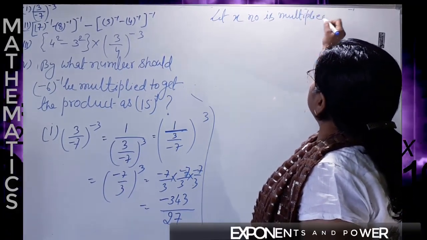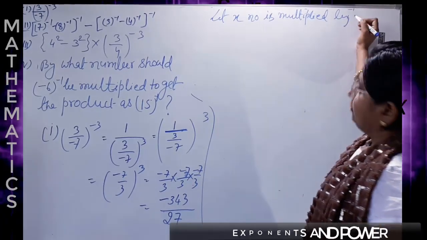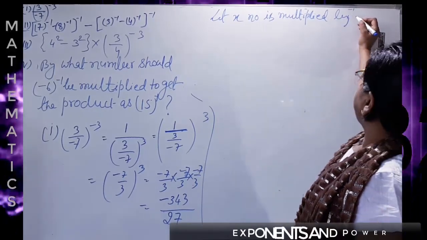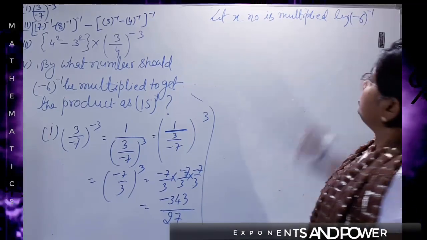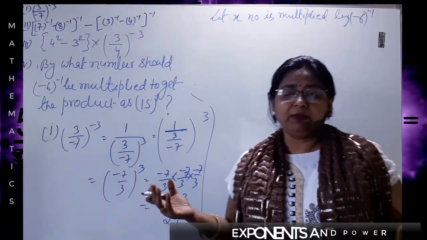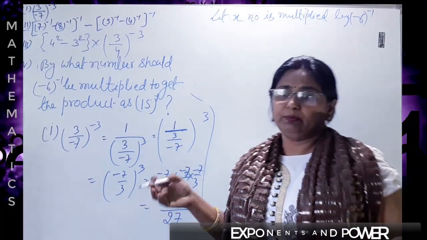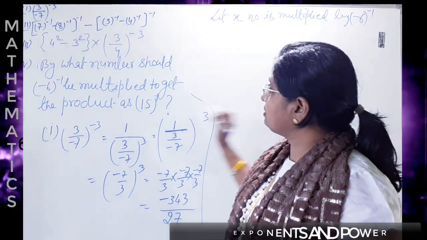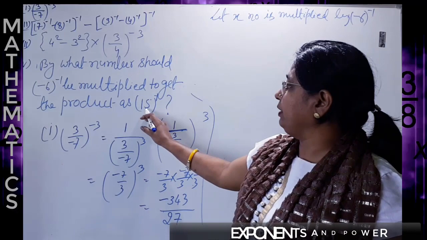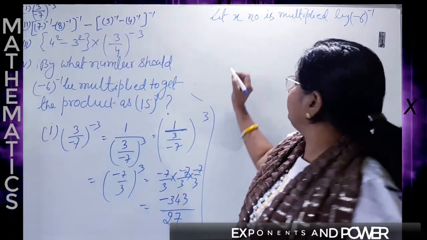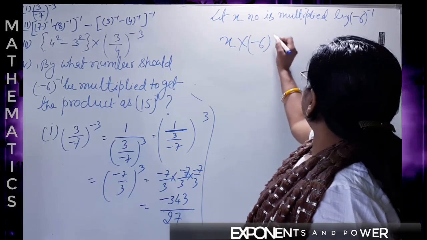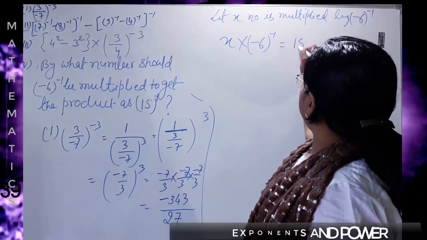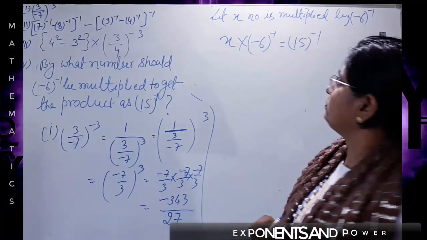Suppose x number is multiplied by minus 6 to the power minus 1 to get the number 15 to the power minus 1. It is x into minus 6 to the power minus 1 is equal to 15 to the power minus 1.